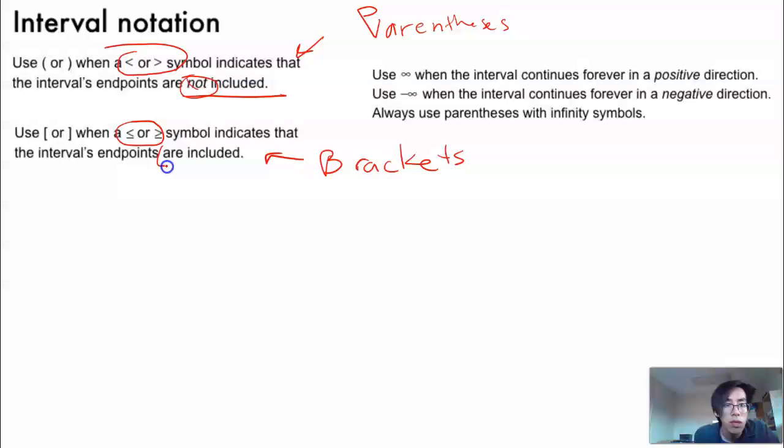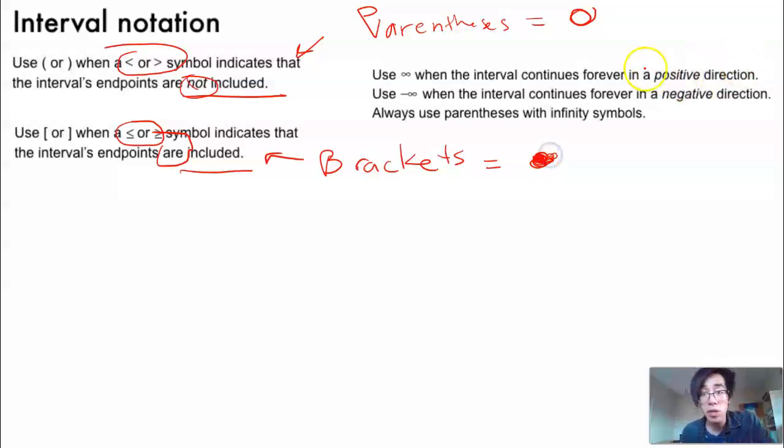Okay, so this is the keyword, they are included. So once again, it's very similar, right? Parentheses is very similar to an open dot when you graph it on a number line. And then brackets is when you have a closed dot on a number line, right? So I mean that exact number is part of the solution.